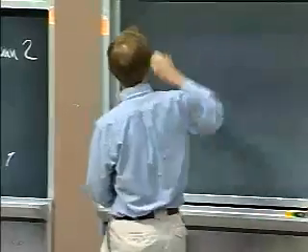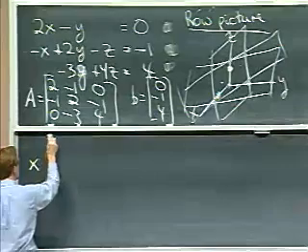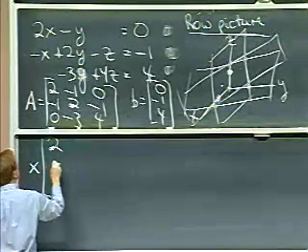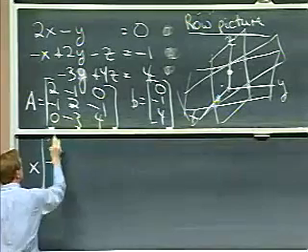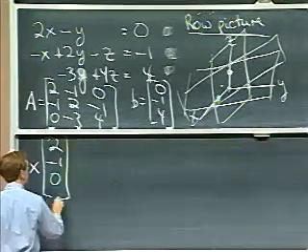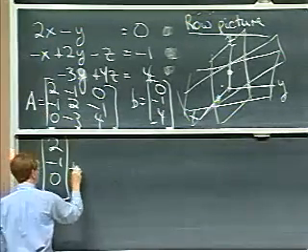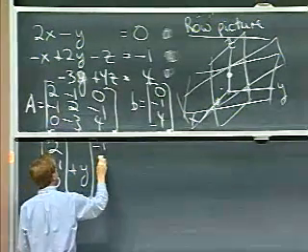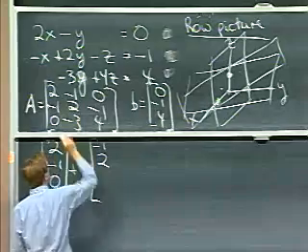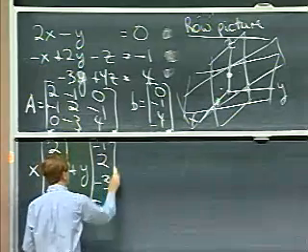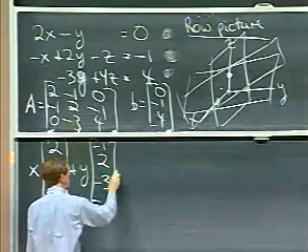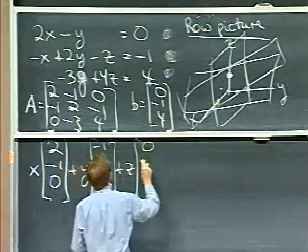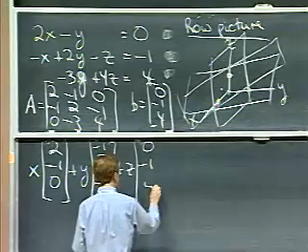Okay, so let me take the column picture. That's x times, so there were 2 x's in the first equation, minus 1 x, and no x's in the third. It's just the first column of that. And how many y's are there? There's minus 1 in the first equation, 2 in the second, and maybe minus 3 in the third. Just the second column of my matrix. And z times no z's, minus 1 z's, and 4 z's.